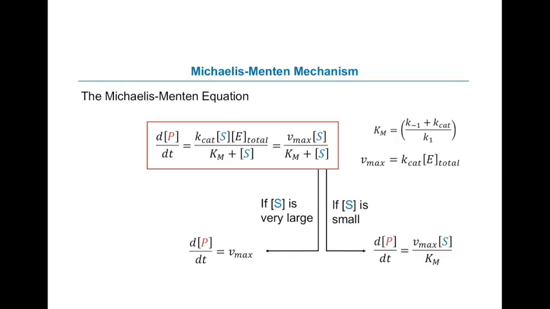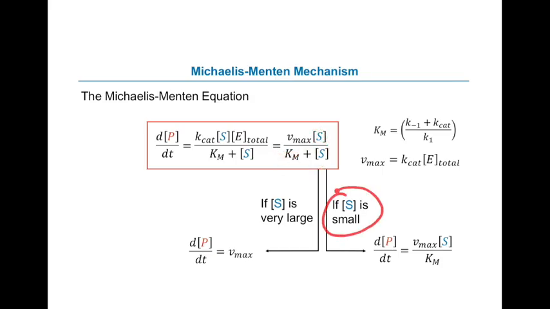You've done this part before where you have any mathematical expression where the denominator is made up of two different terms. I can have a situation where if this value, S, is very, very large, Km doesn't matter. This whole thing simplifies simply to Vmax.